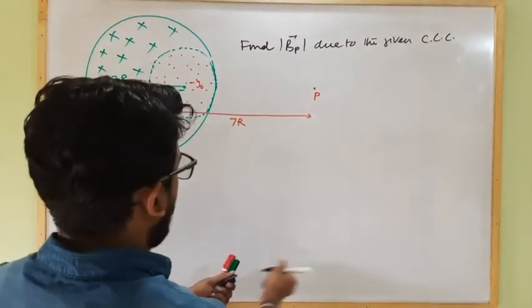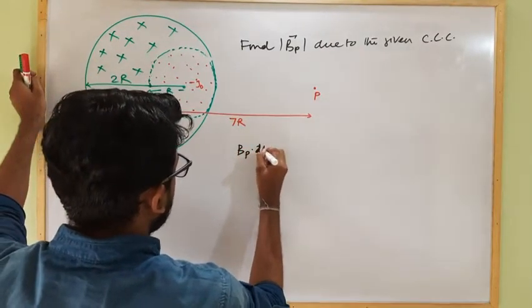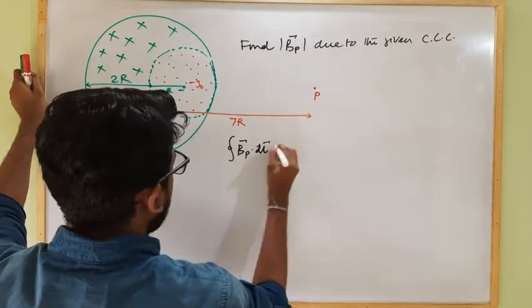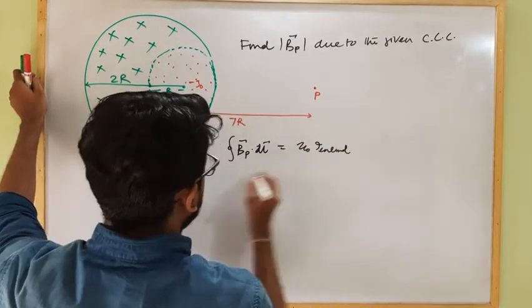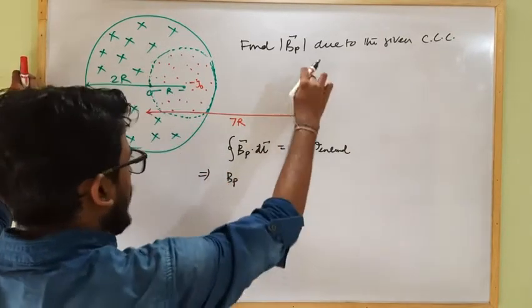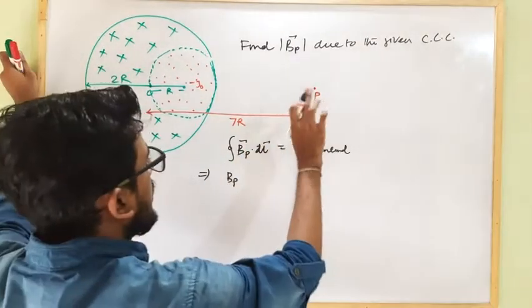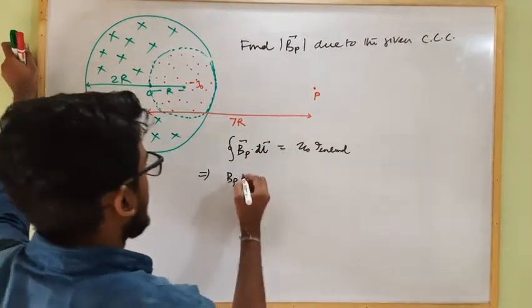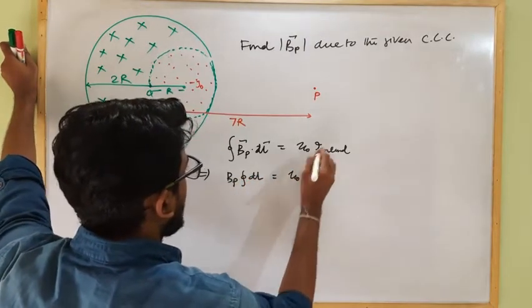Then according to Ampere's circuital law, the closed integral of B at P dot dl vector will be equal to mu naught I enclosed. This implies, assuming a circular Amperian loop, the dl vector and r vector will be the same, so it will be B closed integral of dl equal to mu naught I enclosed.